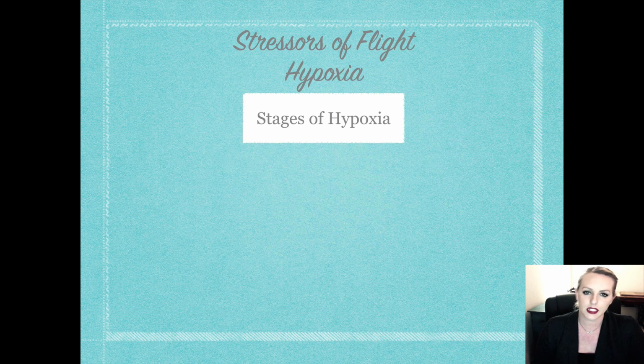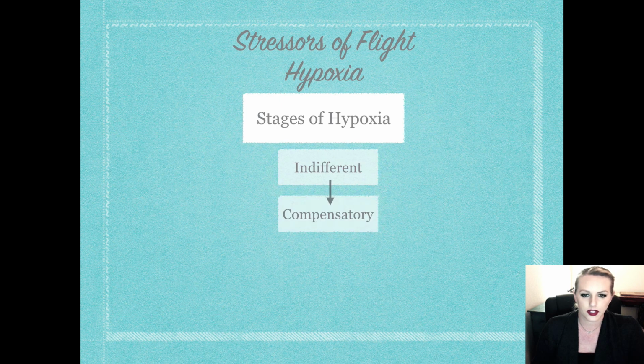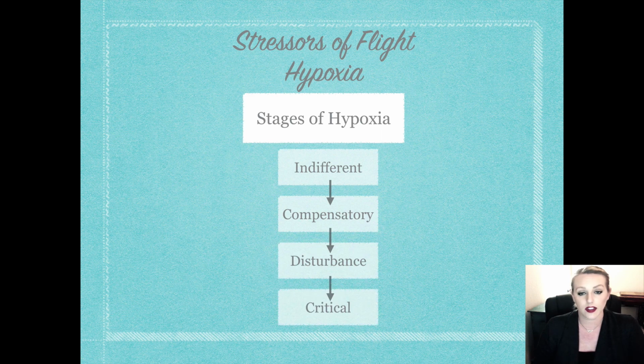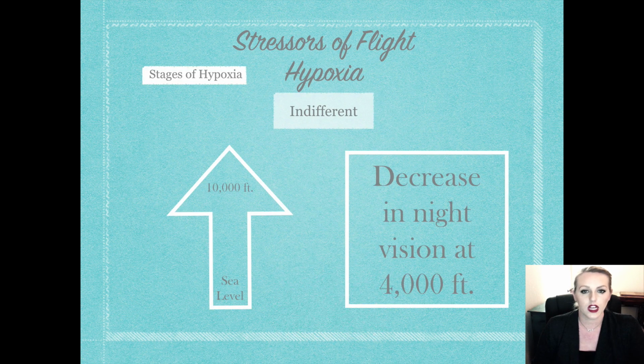So let's talk about the stages of hypoxia. First, you have your indifferent stage, your compensatory stage, your disturbance stage, and then your critical stage. In your indifferent stage, you are between sea level and 10,000 feet. Basically, the only thing that's going to happen here is you're going to have a decrease in night vision at about 4,000 feet.